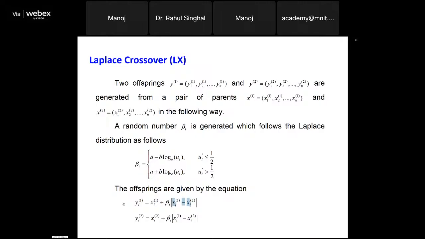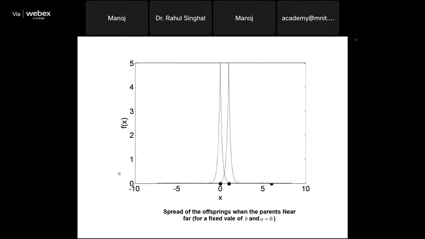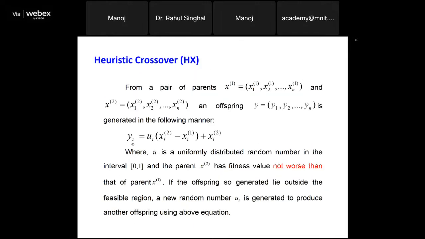Now in heuristic crossover, we have two parents x1 and x2, but they produce only one offspring, and the rule followed is that you take the difference between x1 and x2, take a uniform random number between 0 and 1, and then add this value to x1.